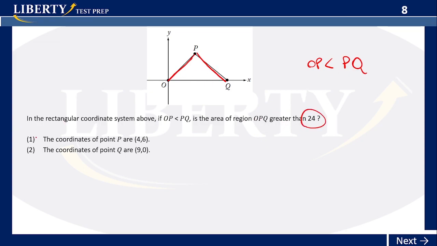Let's see. The coordinates of point P are 4, 6. So here is actually 4, 6. So this one, x is equal to 4 and y will be equal to 6. What does it mean? It means that we know that the height is 6.